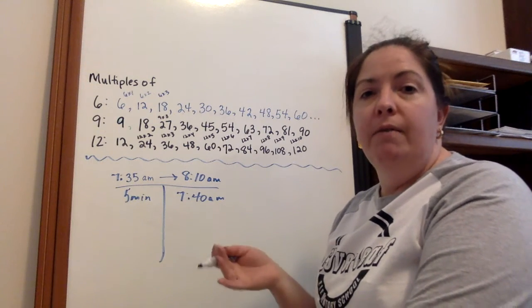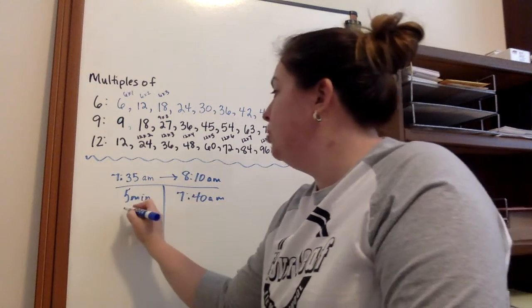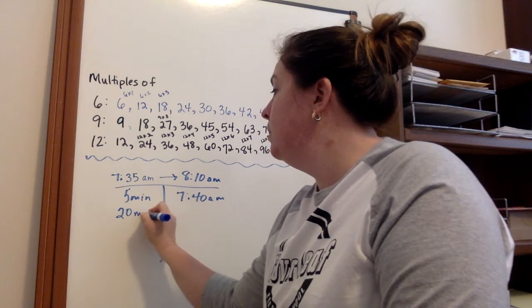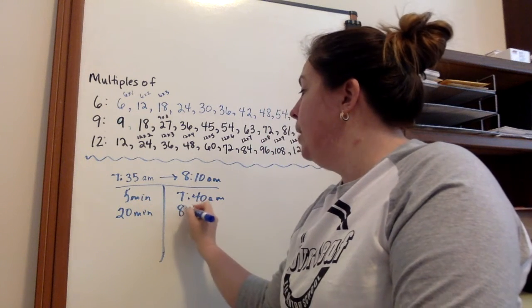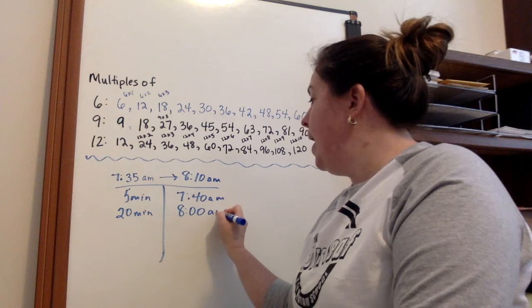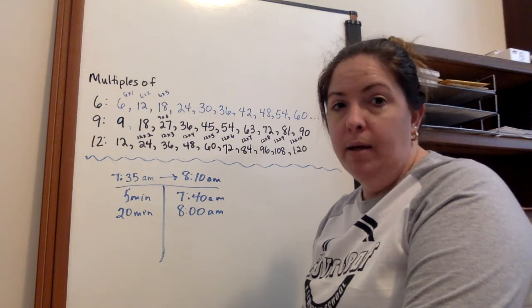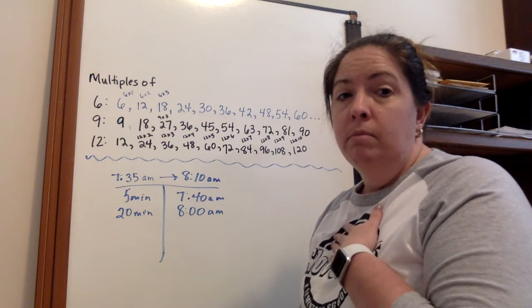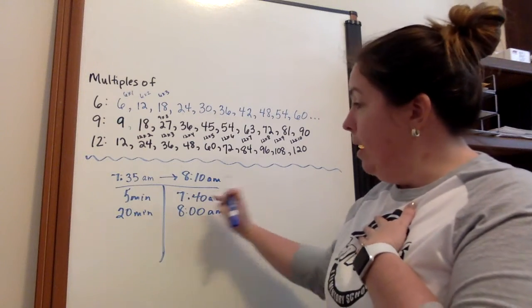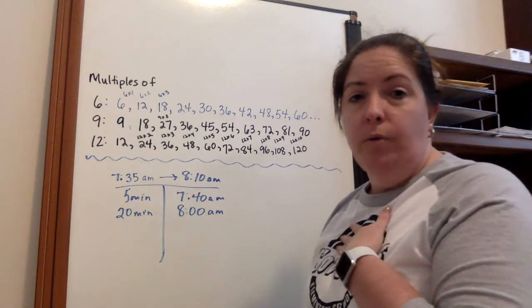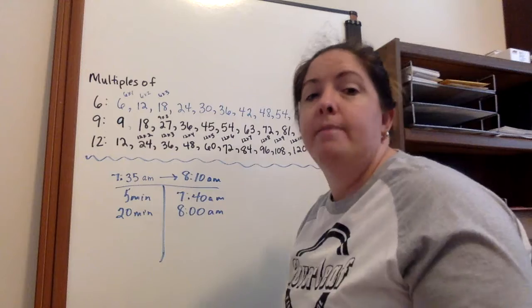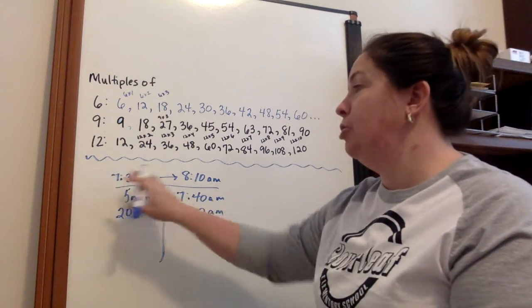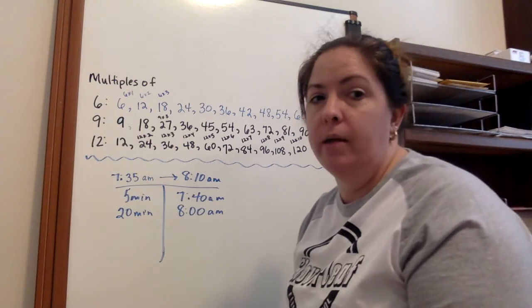I know that to 7:40 I could add 20 minutes and bring my time to 8 o'clock a.m. That's me. However you add your time to get from your starting point to your ending point, that's okay too.